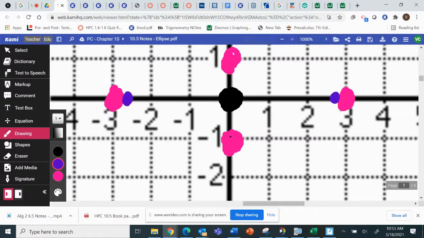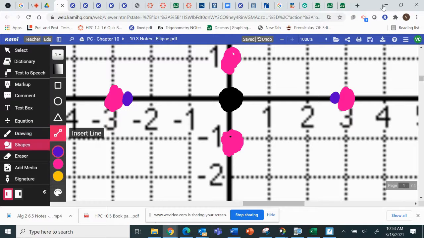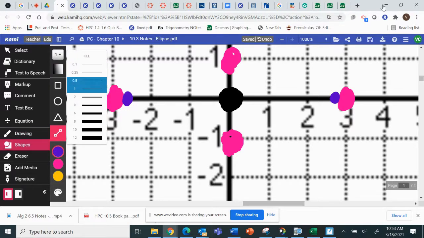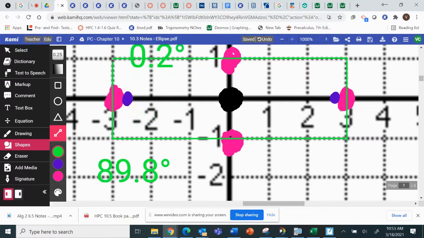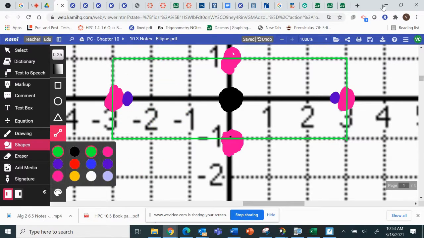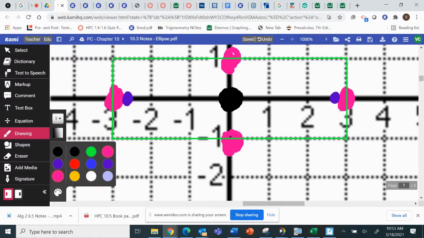Okay. And then the last thing we're going to do, and we did this last time, is I didn't do it with a straight line last time. I'm going to do it with a straight line this time. I'm going to use a straight line, and I'm going to make a rectangle that goes through those vertices. And that's going to allow me to connect my ellipse much more accurately than just trying to freehand it.